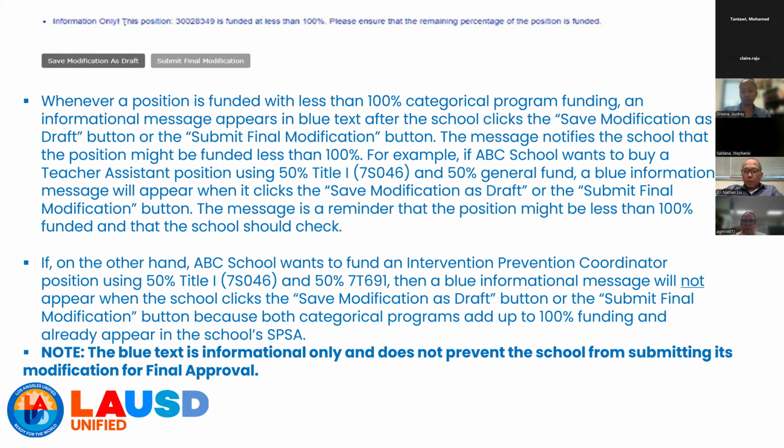And the reason is because they're both categorical programs and they total 100% funding. And therefore, you wouldn't have the need to check if there was existing funding. So again, the blue text is informational. It doesn't stop you from submitting your modification, simply a reminder.